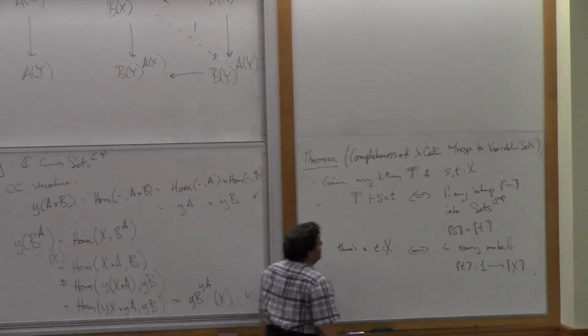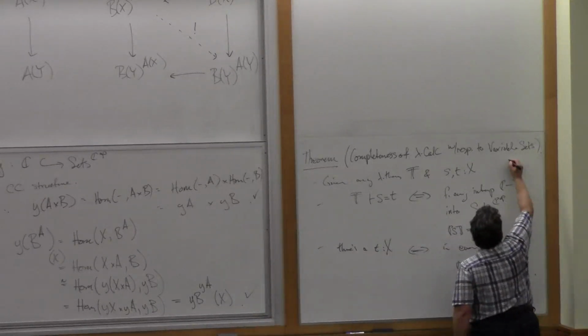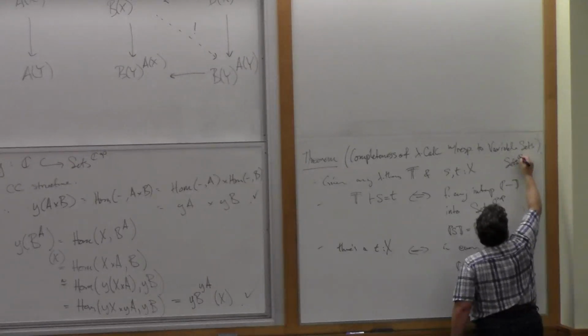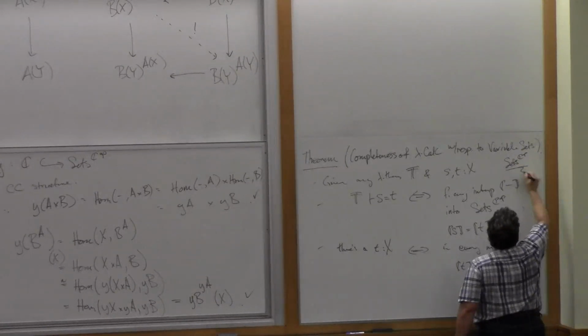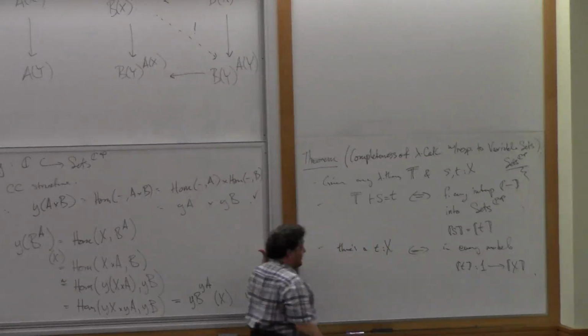And this follows now, so by variable sets I of course mean things of this special form. And that follows from this embedding theorem that we just proved.